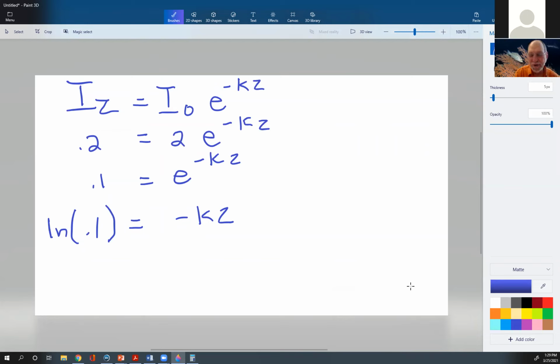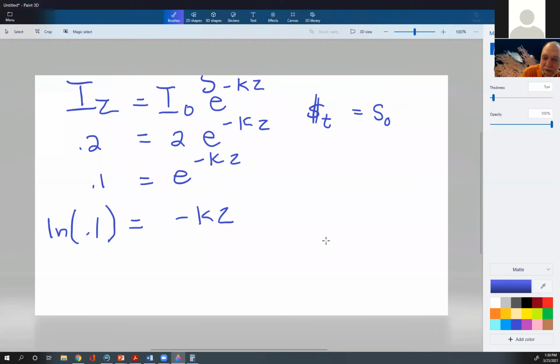So if I plugged in interest rates, for example, your money at some time t is equal to the money invested times e to the interest rate times time, you could make the same calculation for how much your money would grow based on a rate of increase raised to an exponent.